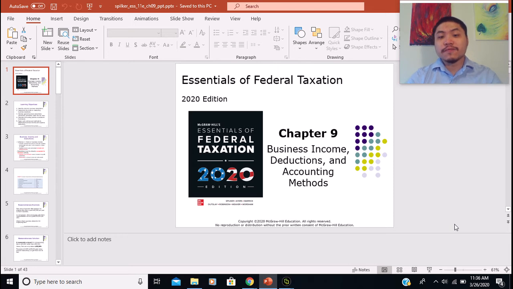But still, there's a lot of things in the material that we will discuss from now until the rest of the semester that's going to be similar to the items in corporate tax. So I hope this part of the class is going to help you make a smoother transition from individual tax to corporate tax. And I assume you guys are going to have to take a corporate tax class sometime in the future. So I hope this part of the class is going to help you a little bit in that class.